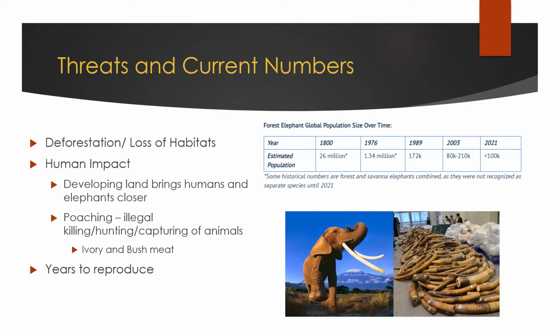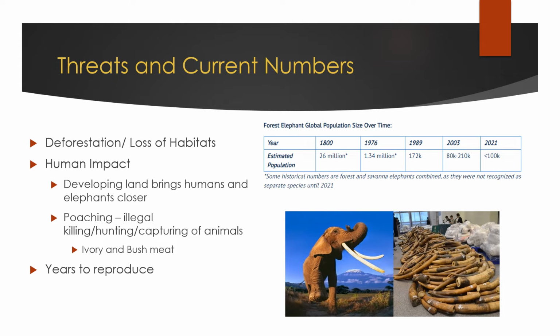There is also something called poaching. I don't know if you've heard that term before, but poaching is essentially the illegal killing, hunting, or capturing of animals. And there's also a component of trading. Elephants in general are often killed for their tusks, for ivory, and some people also sell elephant meat, and these are hot commodities on the black market.